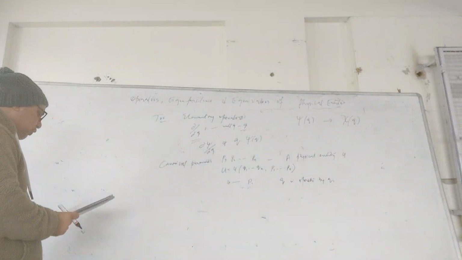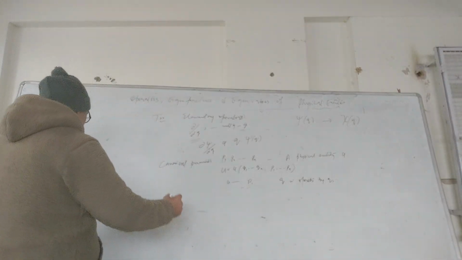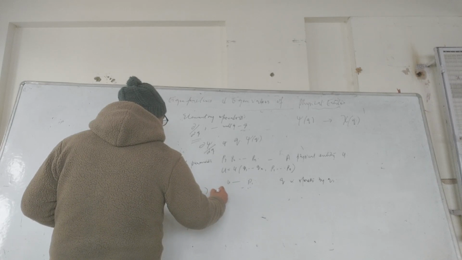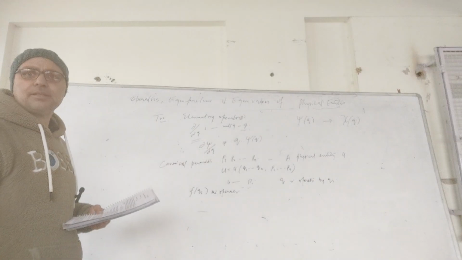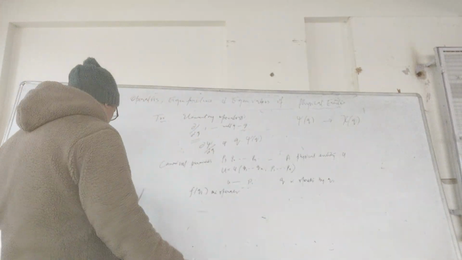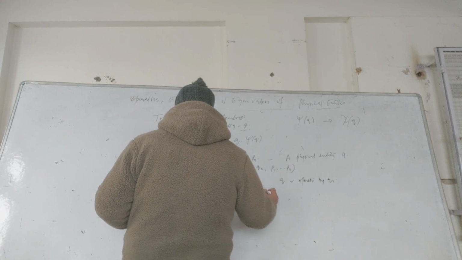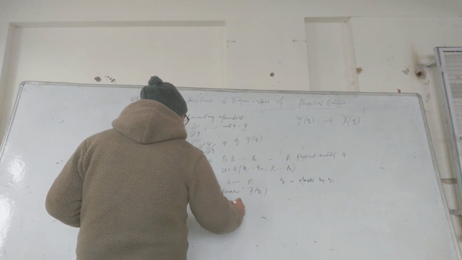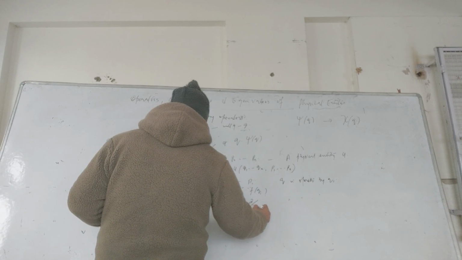So now you can say, for example, f of Qi, the operator, and the multiplication is that of f of Qi. And for Pi, the operator can be like this, h by 2 pi i, d by dqi.